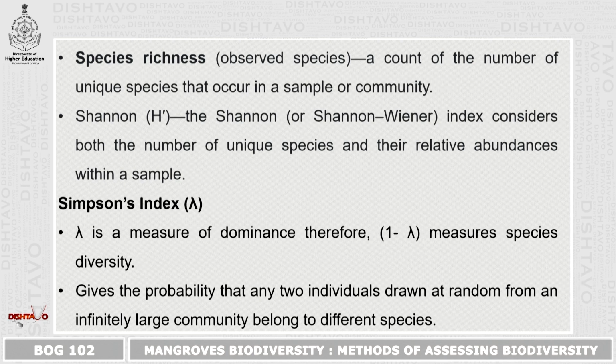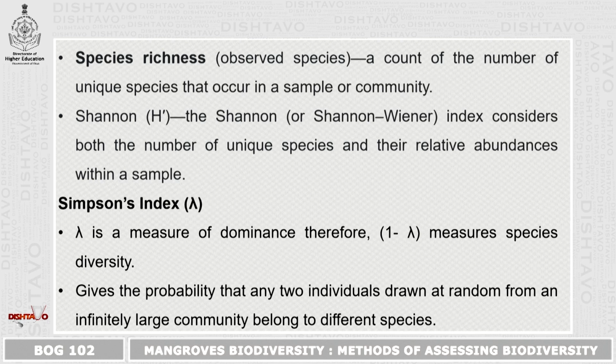Next, let's go to species richness, which is observed species. This is a count of the number of unique species that occur in a sample or in a community. The Shannon-Wiener index considers both the number of unique species and their relative abundance within a sample.